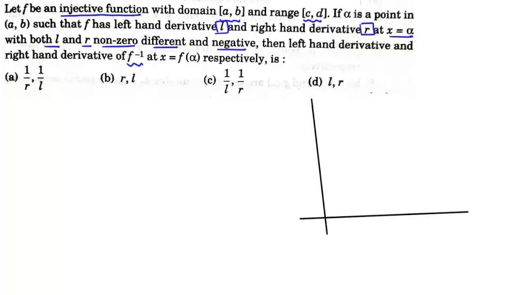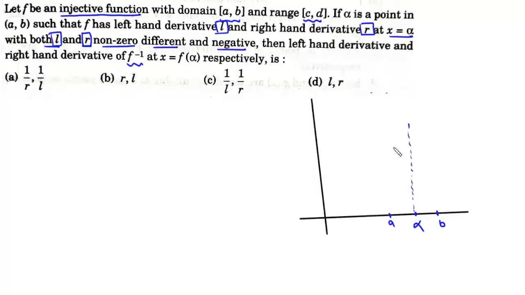Now we are given this function which is 1-1 and which is defined from a to b, and then it says it is not differentiable at alpha. Now its left hand derivative at alpha is L, which is negative, and its right hand derivative at alpha is R, which is also negative. Now say we have this point alpha. Now left hand derivative at alpha is L, which is negative.